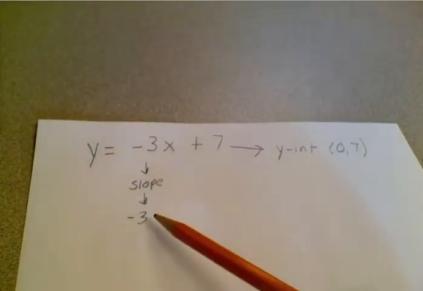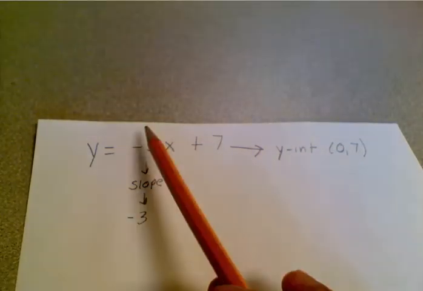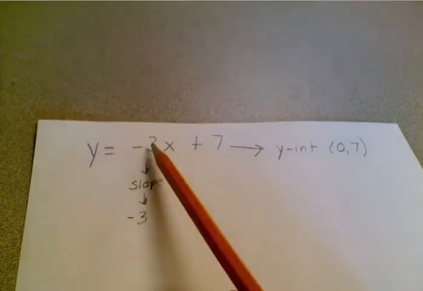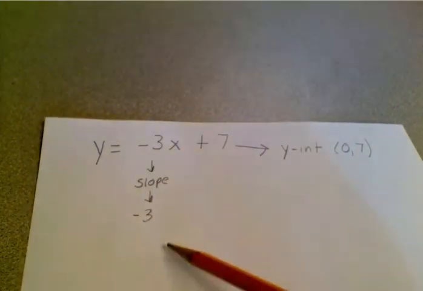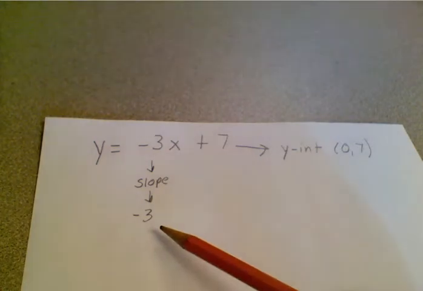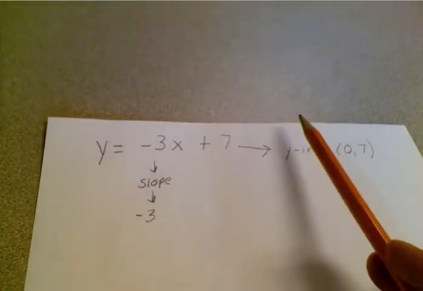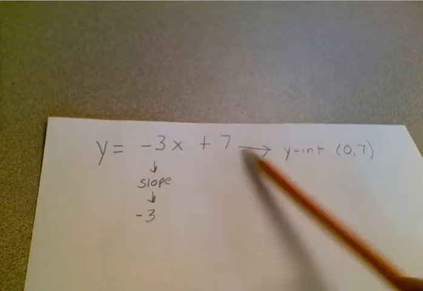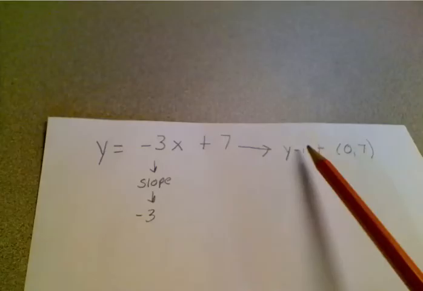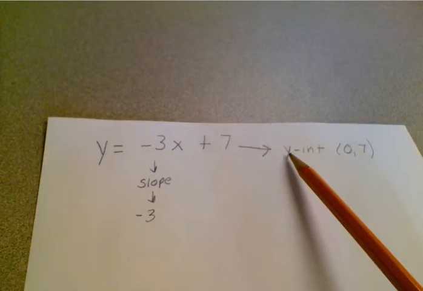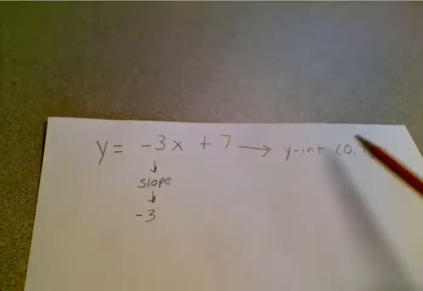So my slope is negative 3. I have to pay attention to the sign in front of the number. Notice how I'm not including x with my slope, because x is a variable. And with negative 3x plus 7, the point (0, 7) is my y-intercept, which I just abbreviated there.